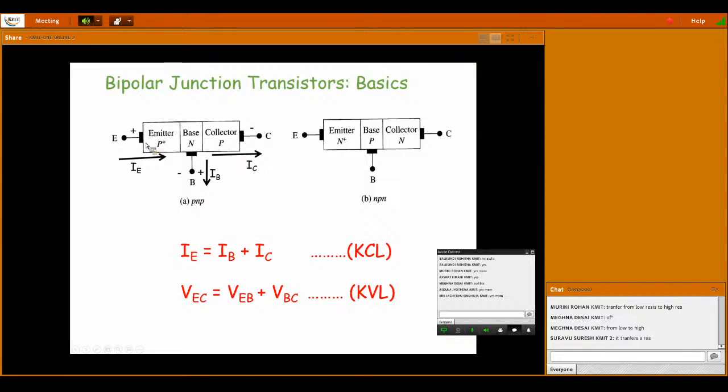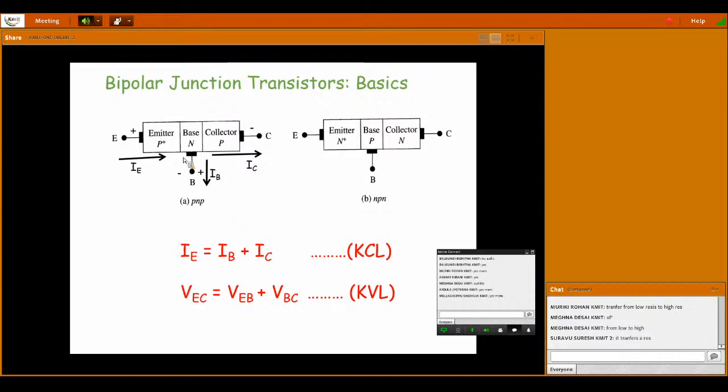In the PNP transistor, P type is the emitter, N type is the base, and P type is the collector. The notation for the emitter current is I with a subscript E, the base current is I with a subscript B, and the collector current is I with a subscript C. Whether it is PNP or NPN, the notations are the same: IE is the emitter current, IB is the base current, IC is the collector current.